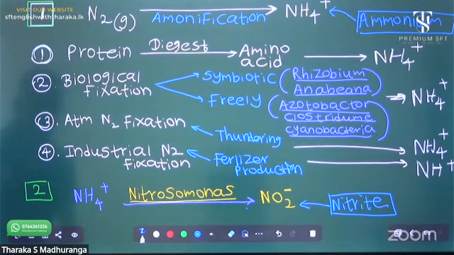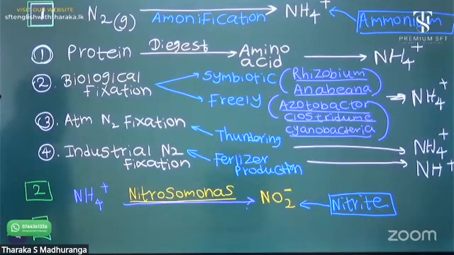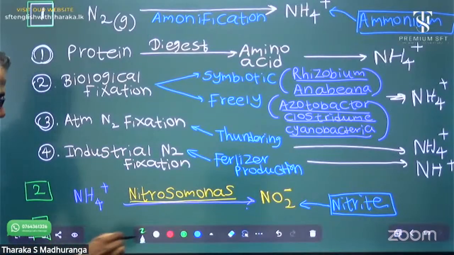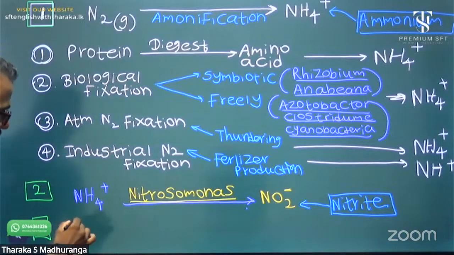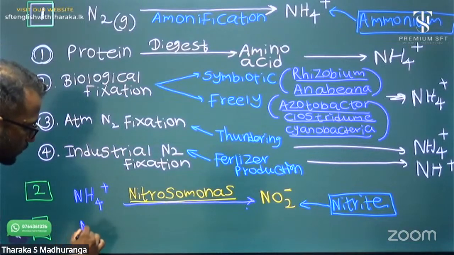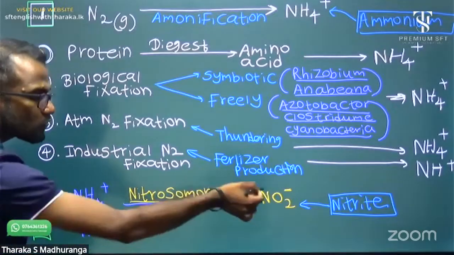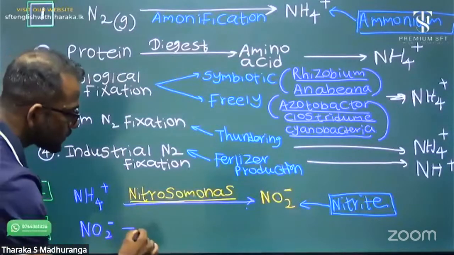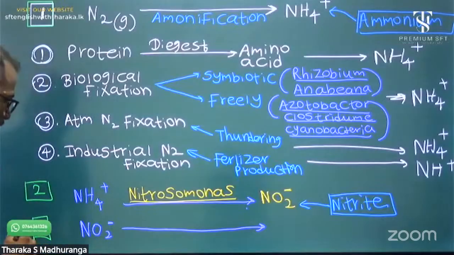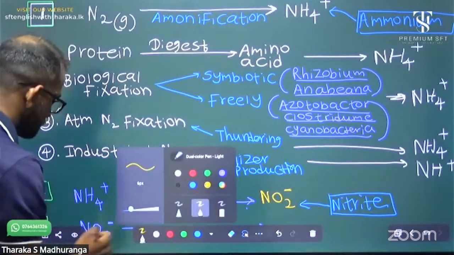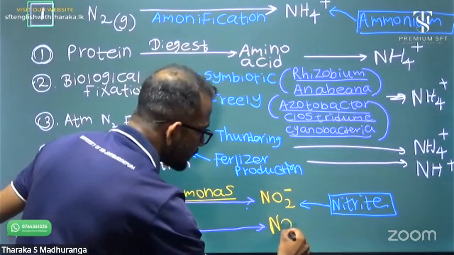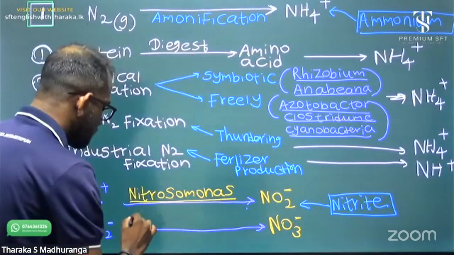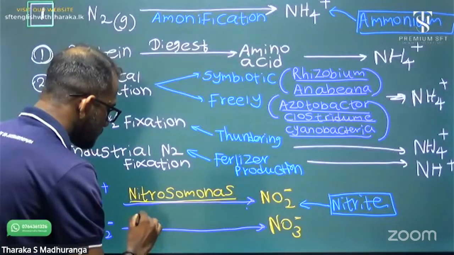This is the final step, the third main step. What happened? NO2 minus is converted into NO3, nitrate ions, using Nitrobacter bacteria.